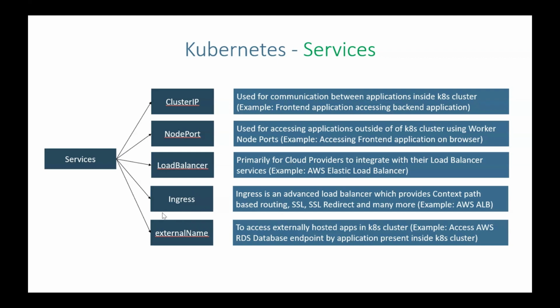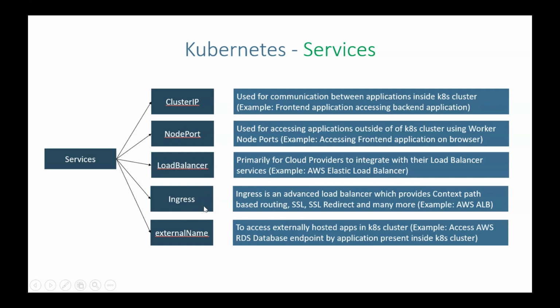If I take an example of Microsoft Azure, and you are creating a LoadBalancer service, Azure will internally create a load balancer, assign the front-end IP address, and add the backend pools and all in the backend. In case of AWS, it will create an AWS Elastic Load Balancer.